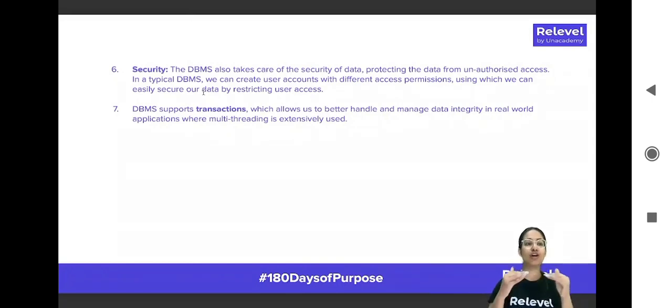All these kinds of access permissions can be given to different people in the database. So we can define user permissions. Someone can have a lot of access to do something on a database, but another person may not have all the access permissions. So using these functionalities, we try to secure our data by restricting user access.